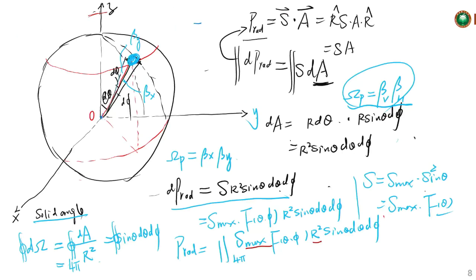Okay, the solid angle is defined by this equation, right? So d omega equals dA divided by r squared. That means if the surface is a flat plane, we can use omega equals A divided by r squared.